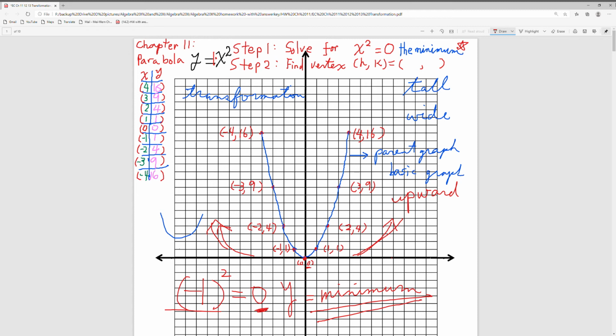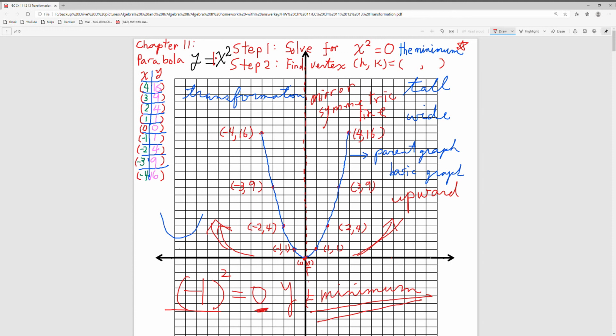We also want to learn one more thing, the symmetrical line. It's like a mirror. In all of chapter 11, you are not only asked to graph a parabola, you also need to find the maximum, the minimum, and the symmetrical line.